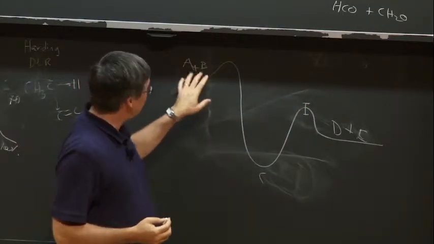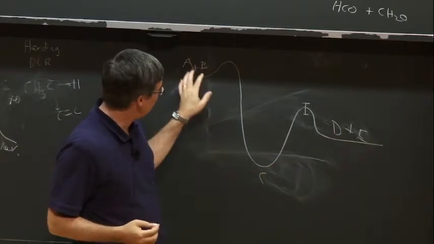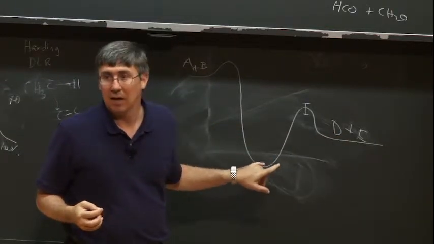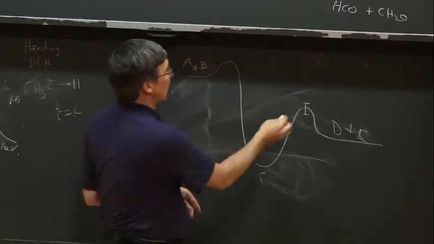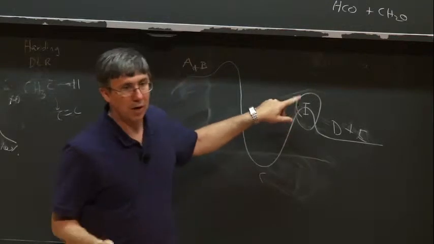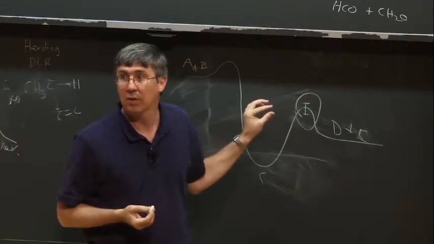That might affect the rate for A plus B goes to D plus E, and also the rate for A plus B goes to C. So then what you should do, if you find you're sensitive to this, is actually go back and recompute this with a higher-level method to try to narrow the error bar.